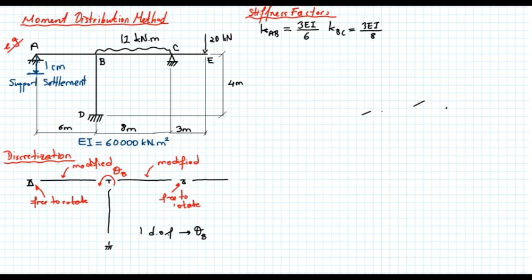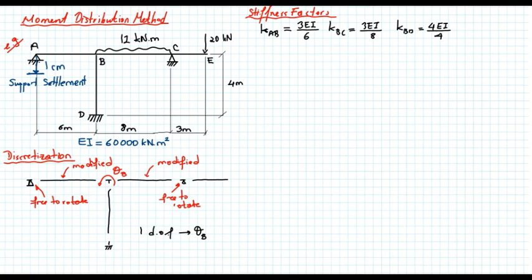And finally, our final member is member BD. That's equal to 4EI over 4. I don't need to write down the stiffness factor for member CE because it's a cantilever and I know that it doesn't show any resistance to rotation.